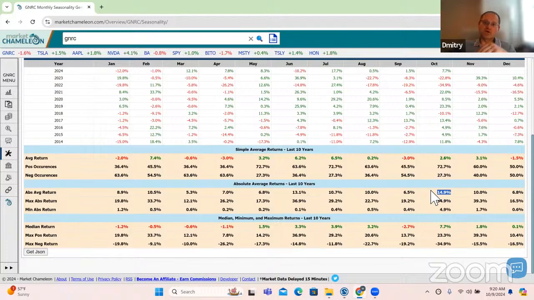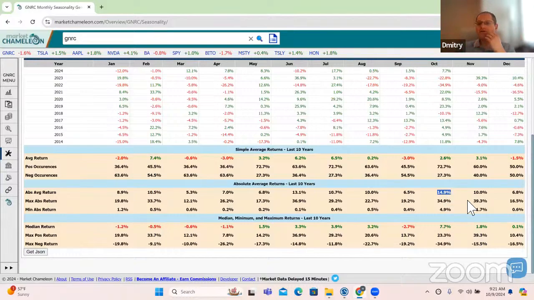So we'll compare October to September, August, July, all the other months, and the 14.9% is on the high end. So there is an indication that this calendar month may experience more volatility than other calendar months.